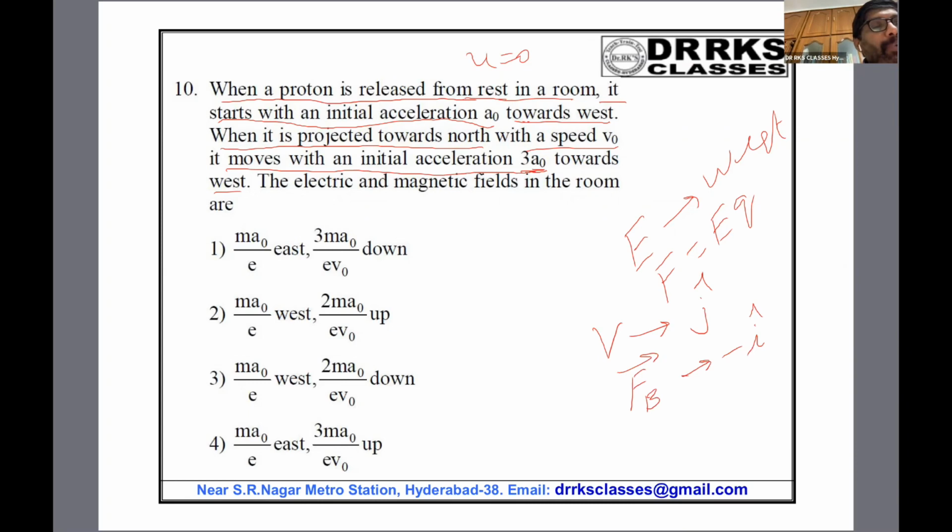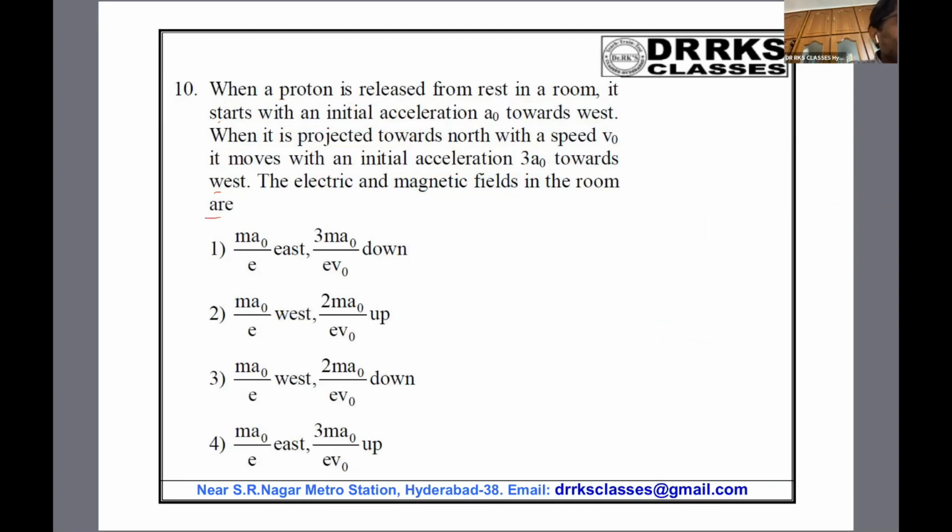Especially when they give north, south, east, west, up or down, use i, j cap to remove the confusion. Okay? So now you have to find the electric field and magnetic field in that room. Let us start this problem.